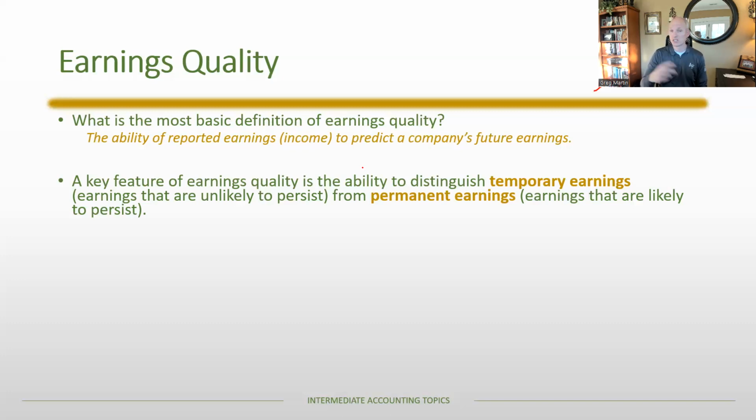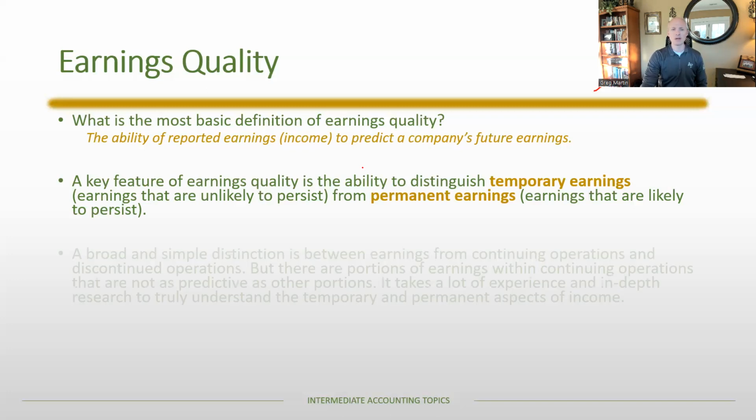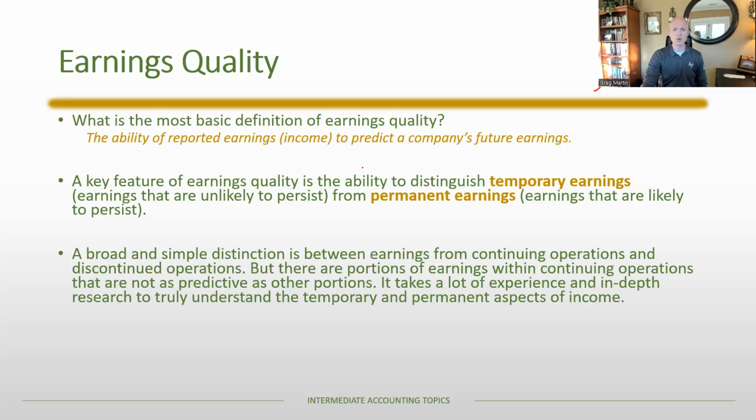And you could similarly have ideas on the expense side. Again, the whole idea here is to make that distinction first. Is this more of a permanent item, or is this more of a temporary item? A very broad and easy distinction between temporary versus permanent earnings is continuing versus discontinued operations, because, of course, by definition, discontinued operations are not going to persist, and so they are temporary.